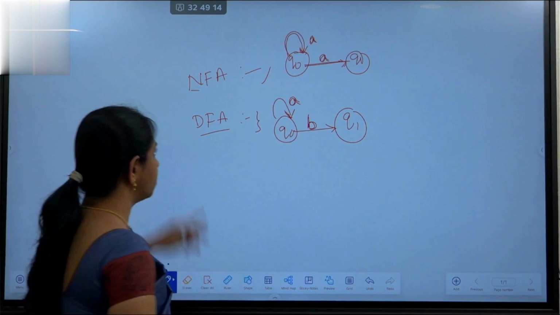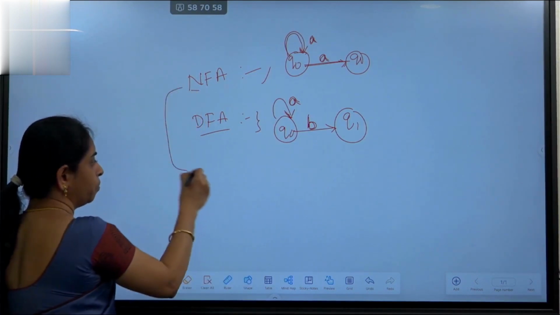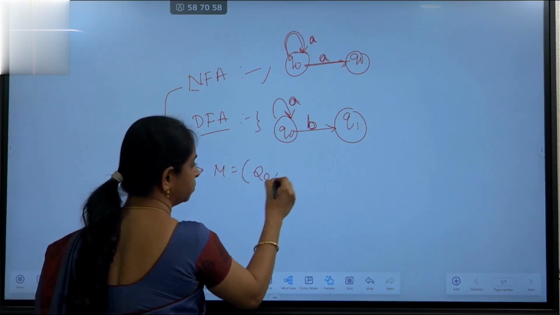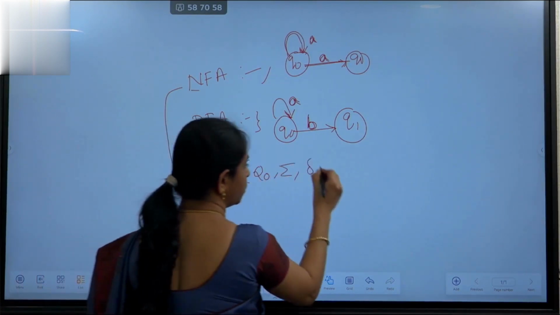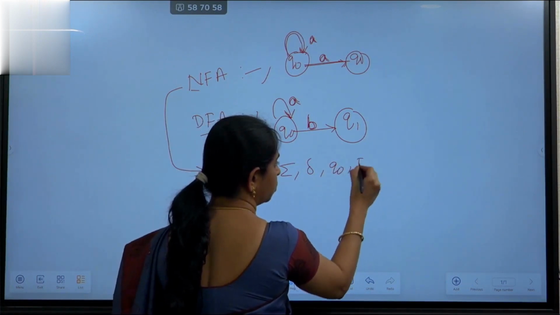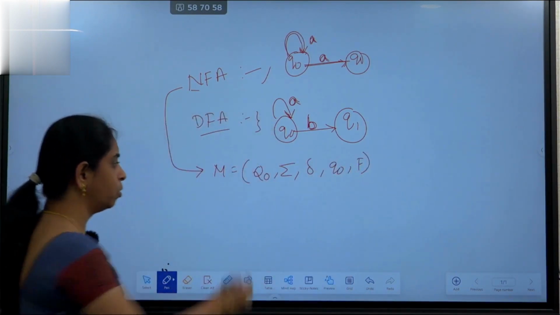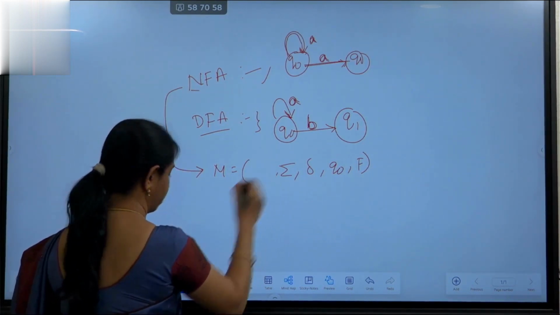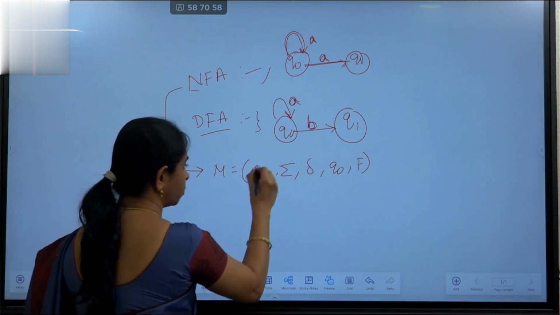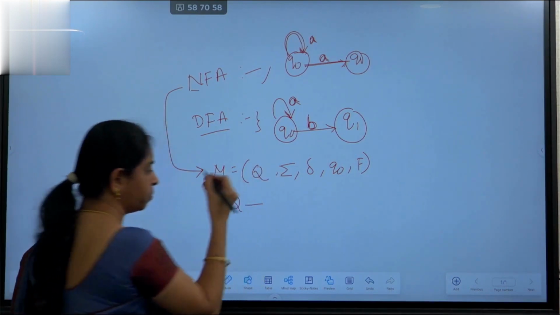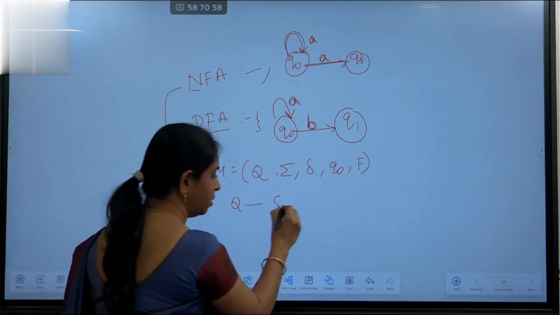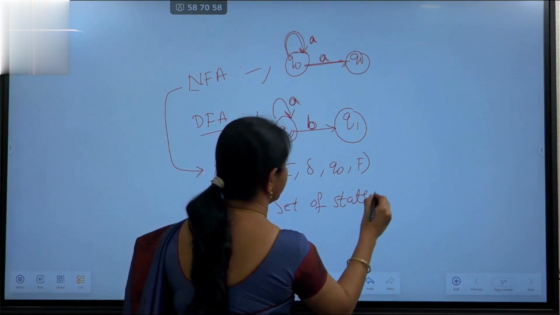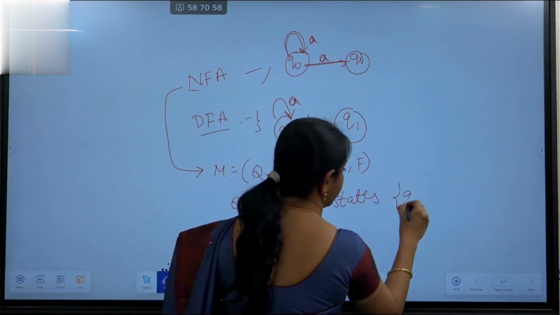Now coming to the formal definition of the NFA, it consists of 5 tuples: Q, sigma, delta, Q0 and F. Q means the set of states; in our NFA we have Q0 comma Q1.